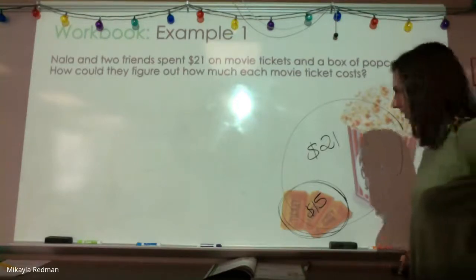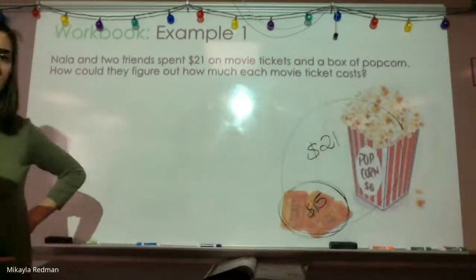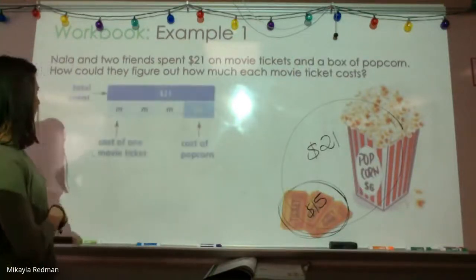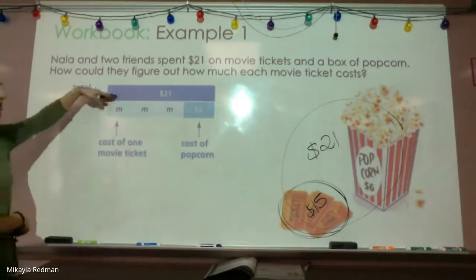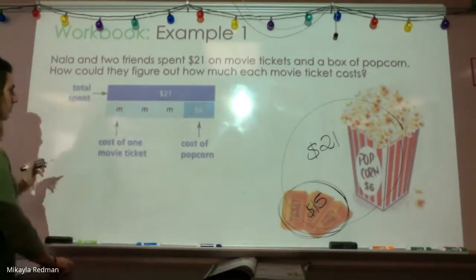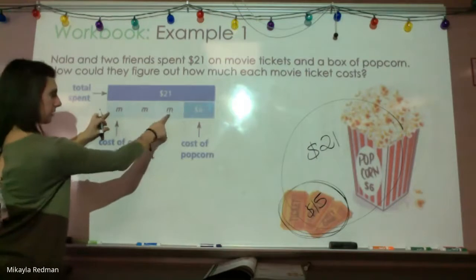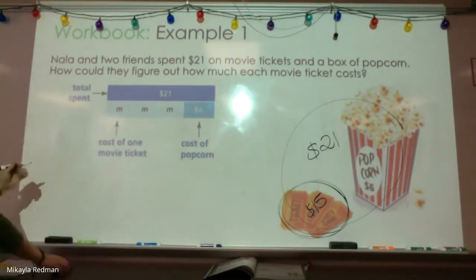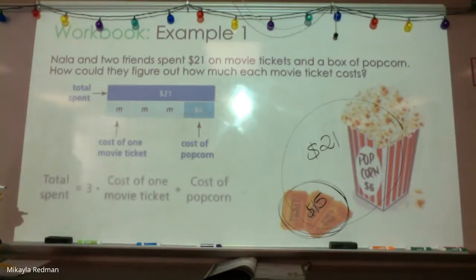But before we do that, we're going to look and see how we can represent this with a bar diagram. So the total cost, the $21, is equal to each of the movie tickets plus $6 for popcorn. So from here we can write an equation.